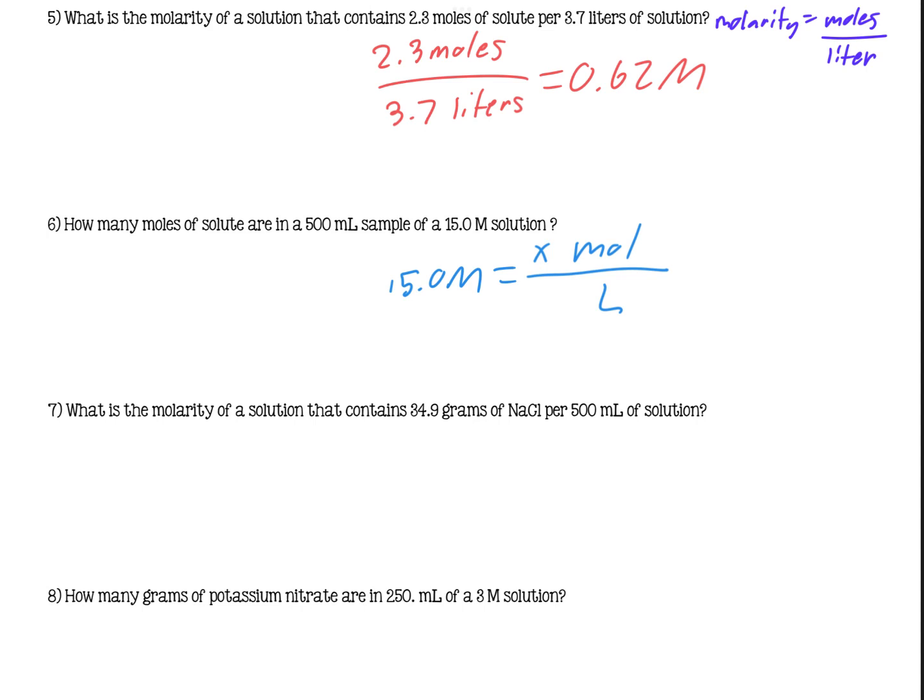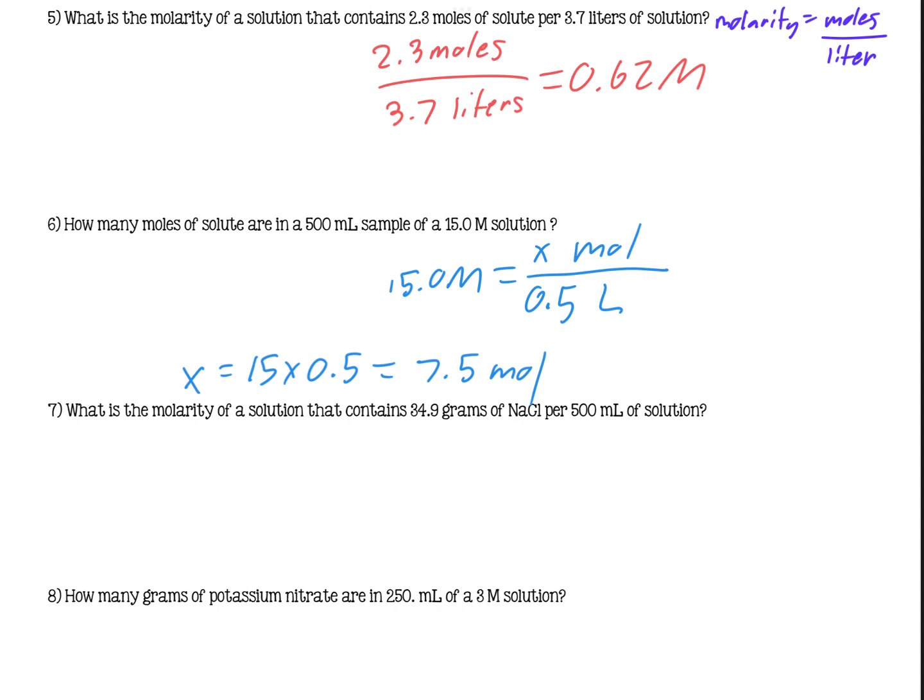In this case, our liters is 0.5 because 500 milliliters is 0.5 liters. If we solve for x, we will get x is equal to 15 times 0.5, which is 7.5 moles.